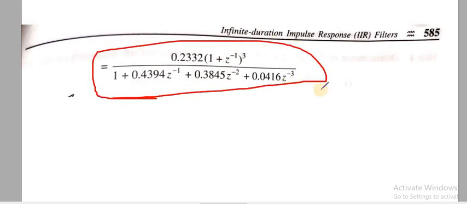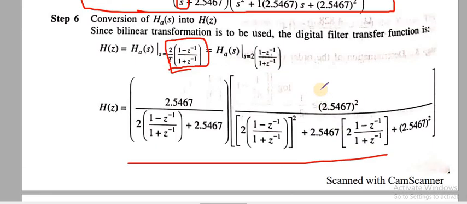This is not easy. You have to practice all these problems. So these are 2 examples. In the next class, we will solve more examples on IIR filter design using both bilinear transformation and the impulse invariance technique. Please practice all these things.